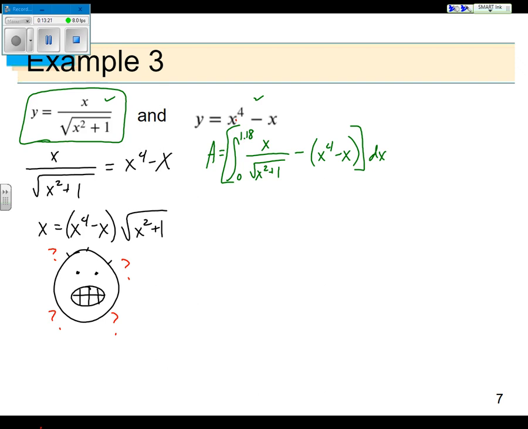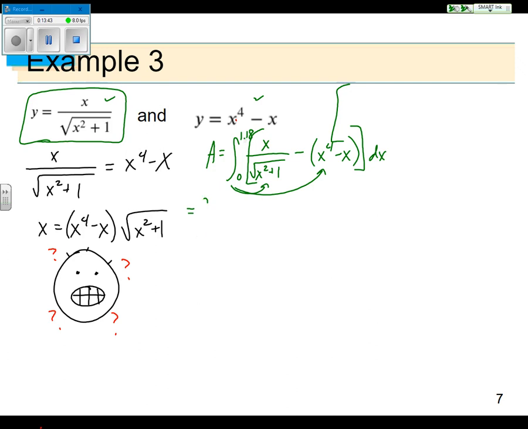All right. Now remember, one of my integral properties says that I can easily take the integral of both of these.